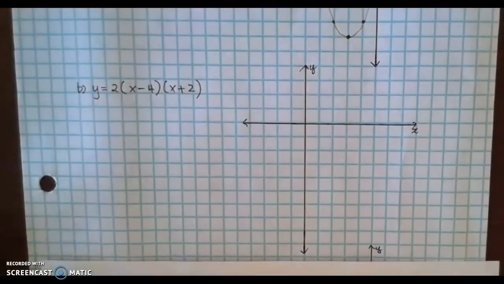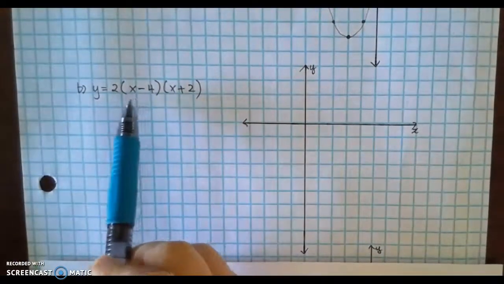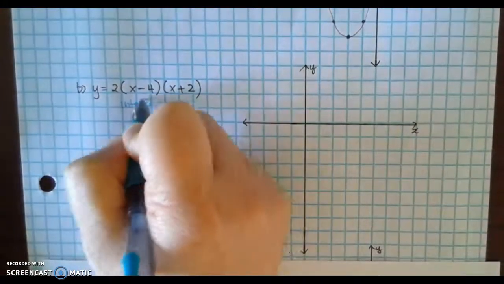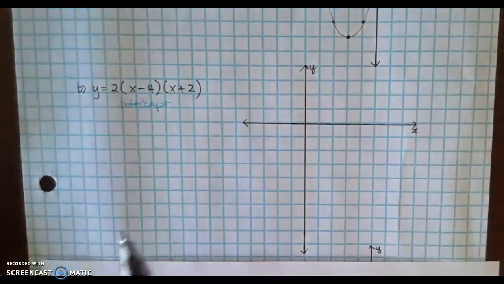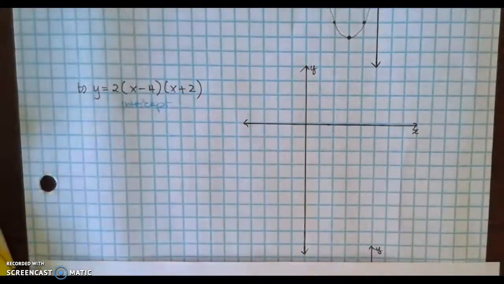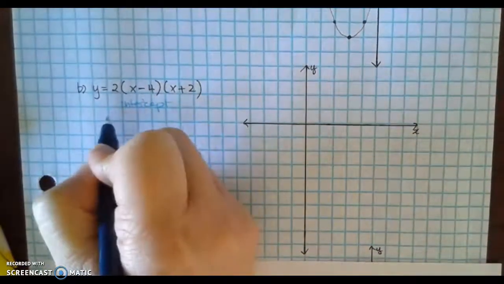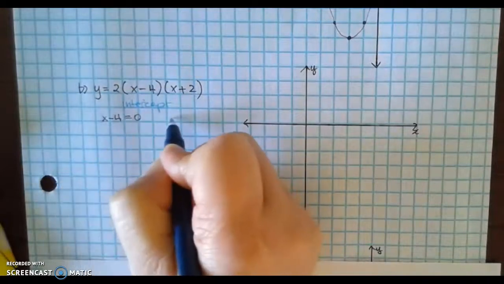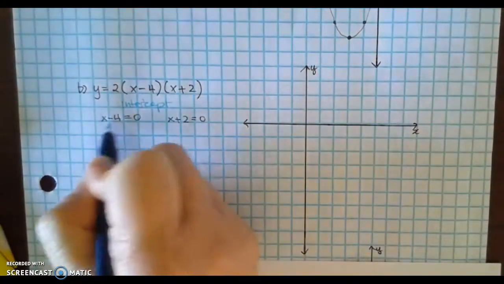The next problem is in intercept form. What is easy to find from the intercept form? It's the x-intercepts. I can very easily find them by setting the factors to 0: x minus 4 equals 0, and x plus 2, the second factor, equals 0.